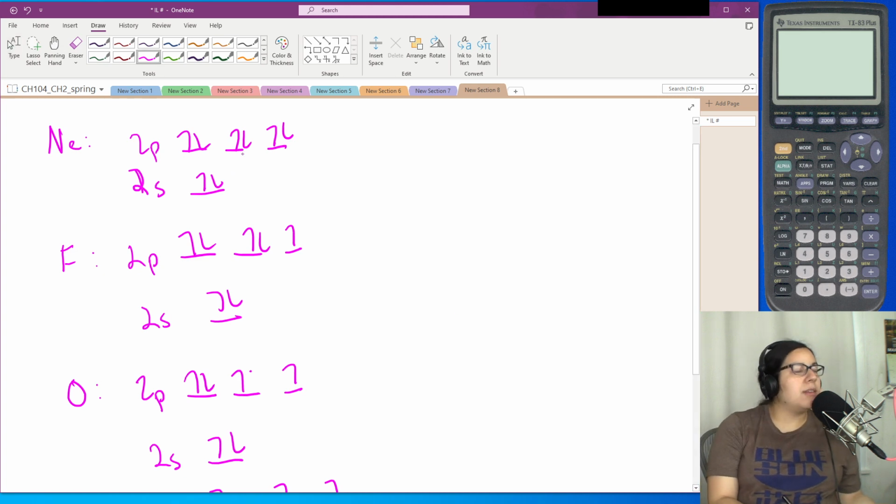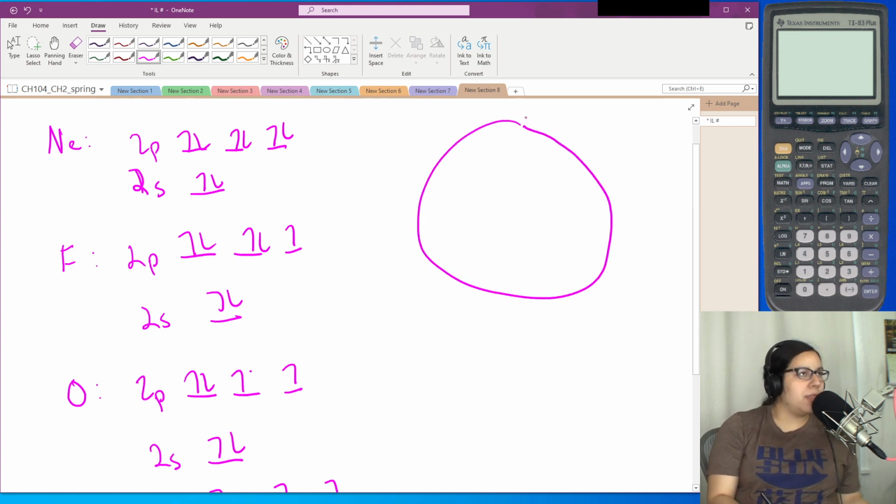But what happens as we fill in those electrons? What do you think might happen? And think back to the general structure of an atom, where we have our nucleus that's positive. We have our negative electron cloud. We're filling it up with more electrons. So what do you think might happen?